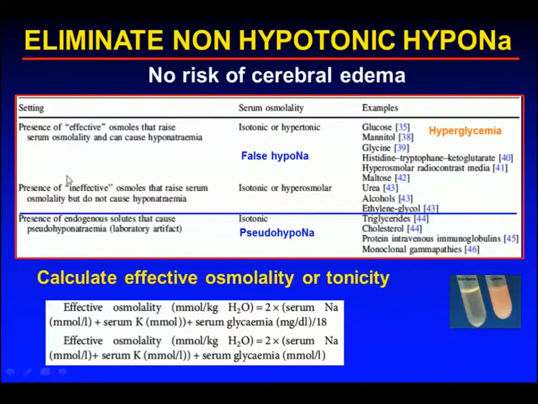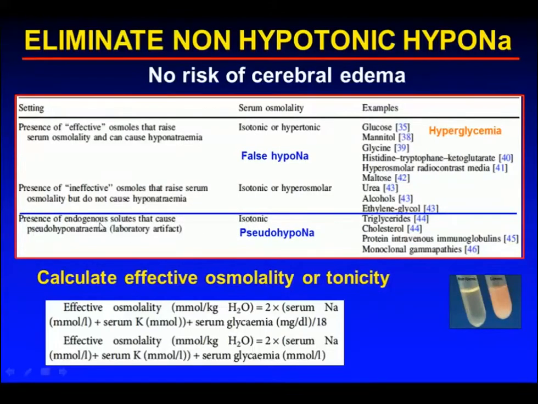The second one is the presence of ineffective osmoles, that's to say permeant or diffusible solutes across the cell membrane that can raise serum osmolality but do not really cause hyponatremia, and these are isotonic situations due to urea or alcohol accumulation.